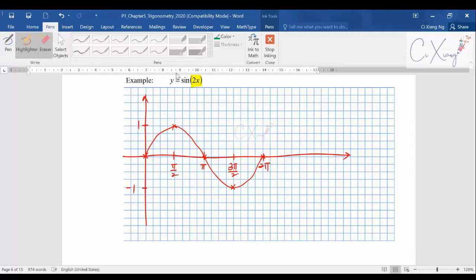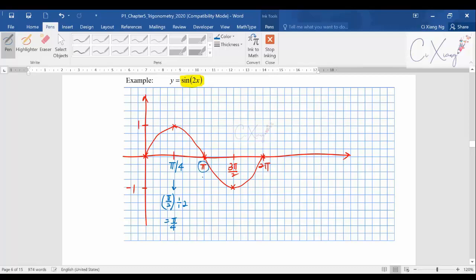When you have sine 2x, what you need to do is look at every important value, like pi over 2. To compress it as sine 2x, you take the original value divided by 2, so you get pi over 4. Therefore, I change the label here to pi over 4.